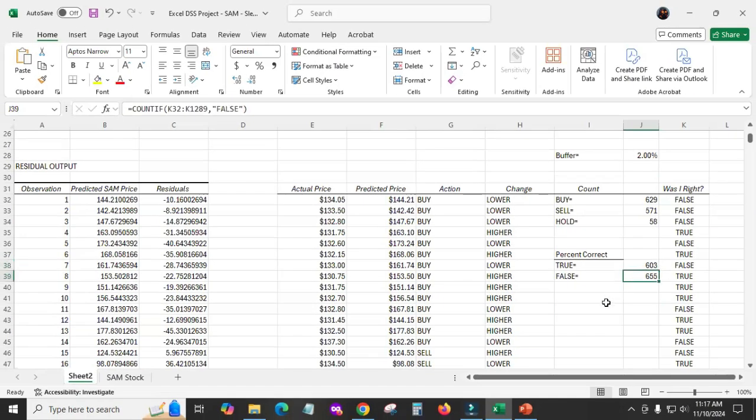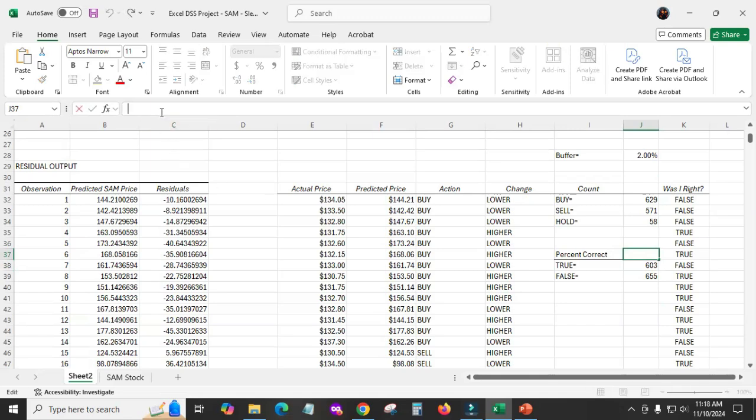603 trues, 655 falses. And if you know how to build a basic equation in Excel to figure out the percentage, well, I'll show you if you don't know how to do it. Let's go to cell J37 right here next to percent correct.